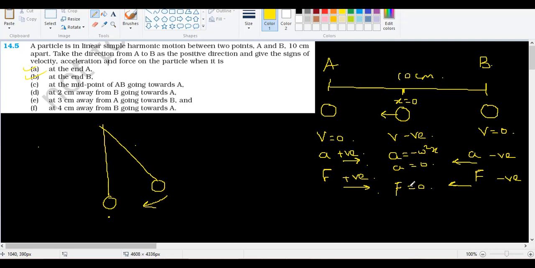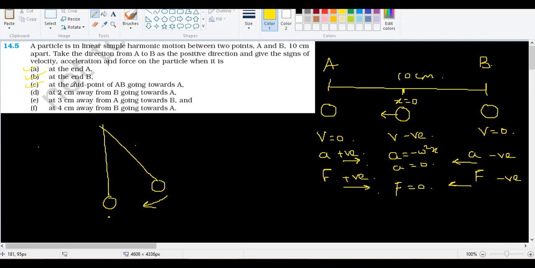Does that make sense, Ankita? Yes, sir. Force is also 0. We talked about it, so this is over.